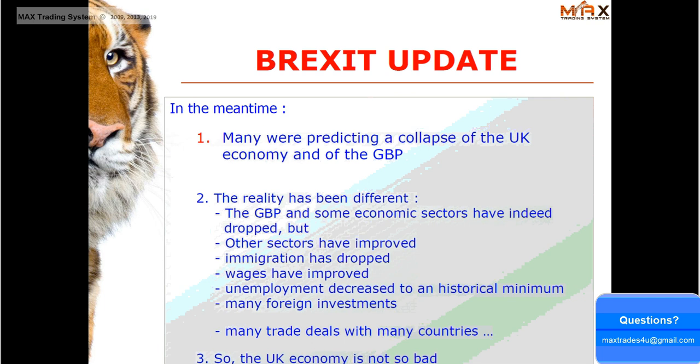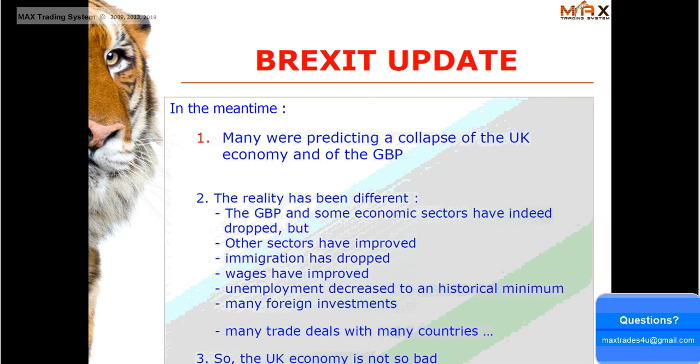Immigration is facilitated by the European Union rules, so with Brexit, immigration to the UK has automatically dropped. Consequently, there is a problem fulfilling all the jobs which require people. And so we have seen an improvement in wages, and at the same time, an important decrease in unemployment. So unemployment in the UK, as in the USA, is at a historical minimum level.